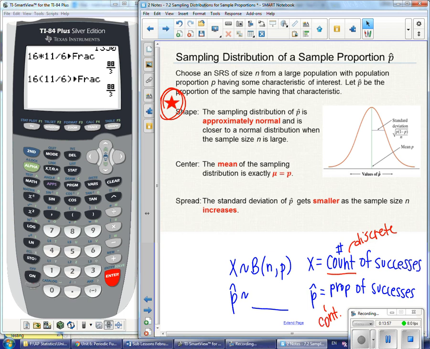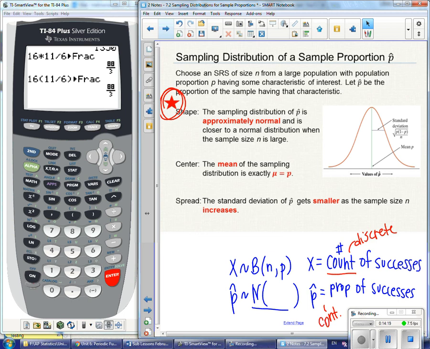In fact, if you take a look at the slide, it's going to be approximately normal. I need to figure out what the mean and the standard deviation are going to be for that normal distribution. The shape of the sampling distribution for p hat is going to be approximately normal, and it's going to be closer and closer to a normal distribution for larger sample sizes.